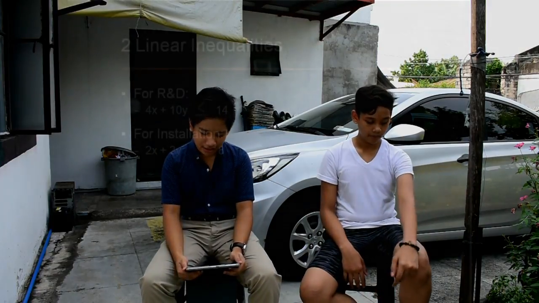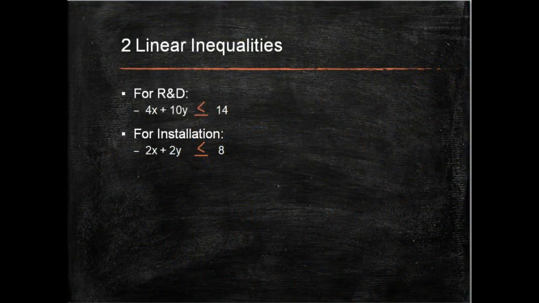For the R&D, the 4 hours is A. Now, for B, we're gonna substitute 10 because that's for the exhaust. For C, it gives 14 hours, so we substitute 14 because that's the max.